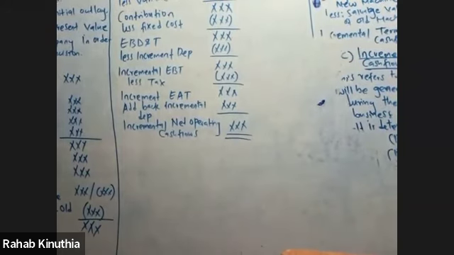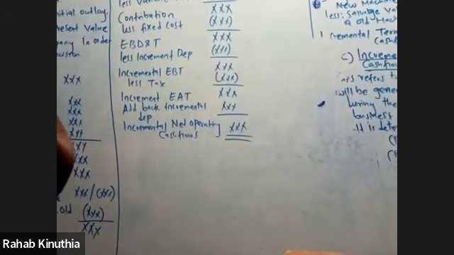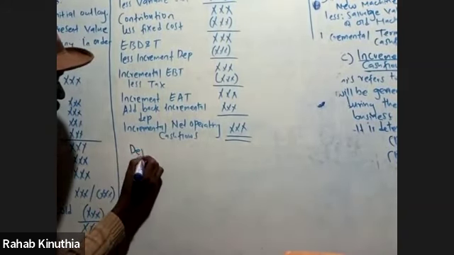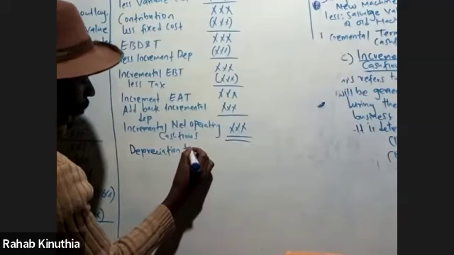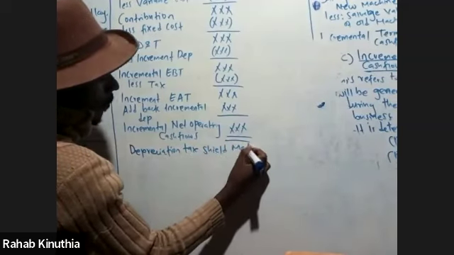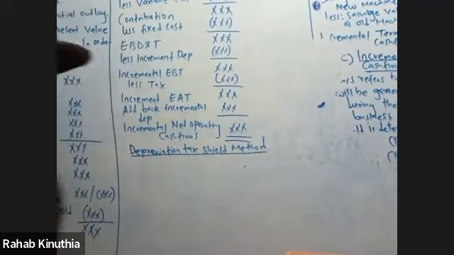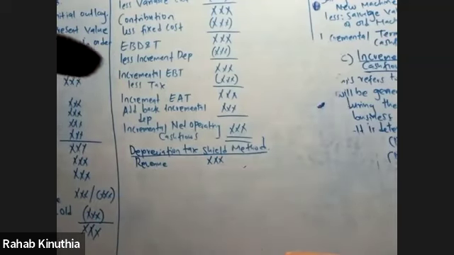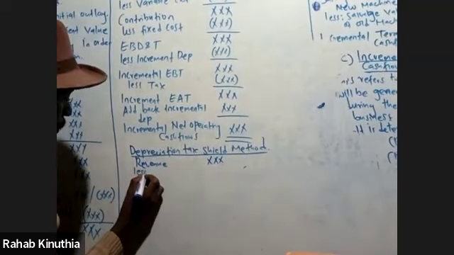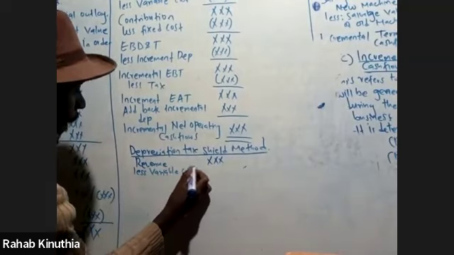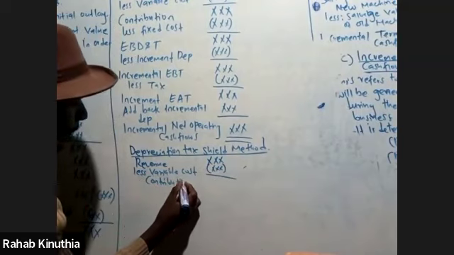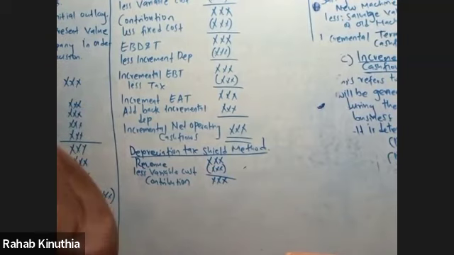So we start with revenue, less variable cost, we get contribution.